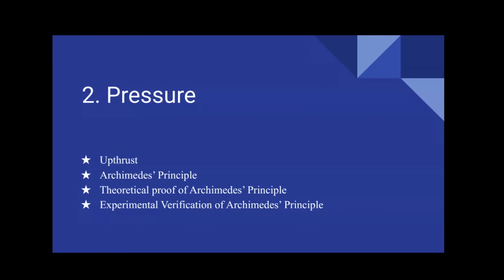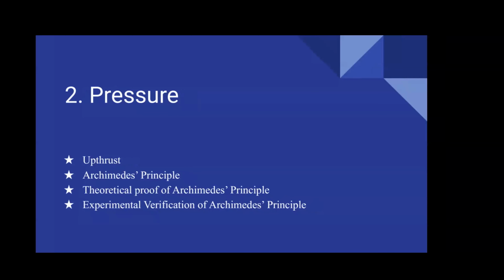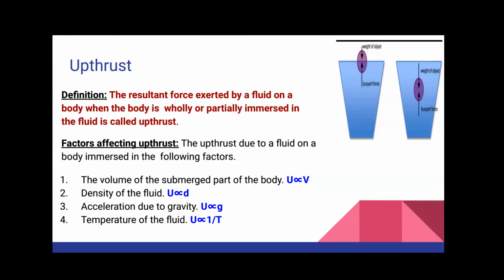In this class, today we are going to read about upthrust. Then we'll connect to Archimedes principle of thrust, factors affecting upthrust, and the method to measure upthrust of a liquid. Let's begin the class with factors affecting upthrust.